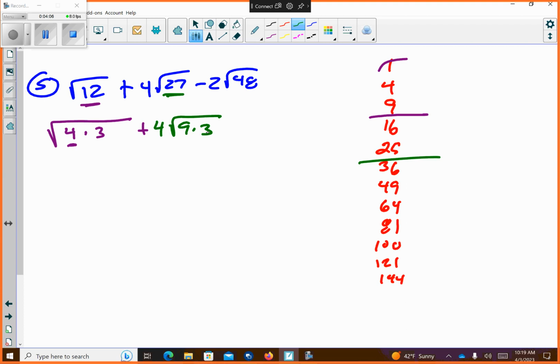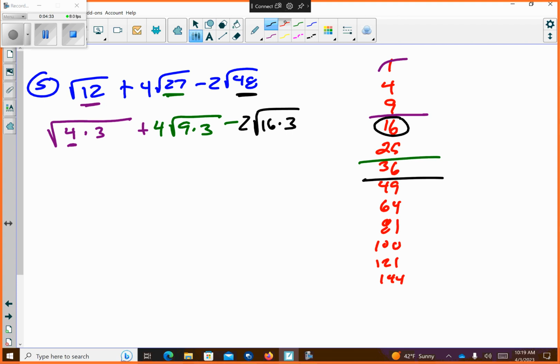Good. And then minus 48 falls right here. So what is my biggest perfect square that works with 48? 16 works. 16 times 3. A lot of you might say, well, 4 works as well. You're absolutely right, but 4 is not the biggest perfect square.